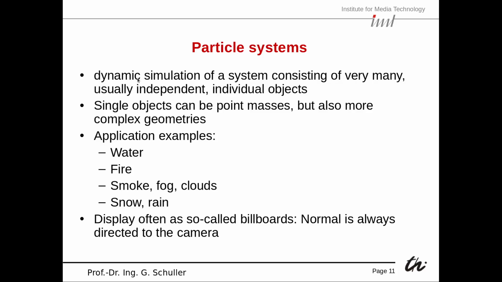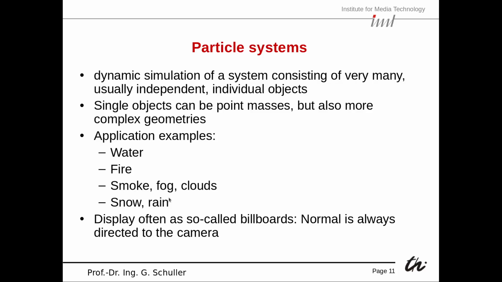Yeah, so the dynamic simulation of such a system consisting of very many, usually independent points, individual objects. And these objects can be point masses, but they can also be more complex geometries. So application examples here are not just fabrics, but could also be water or fire or smoke or fog or clouds and snow or rain, right?